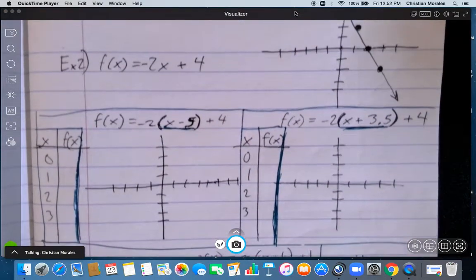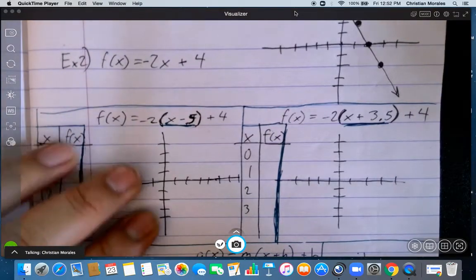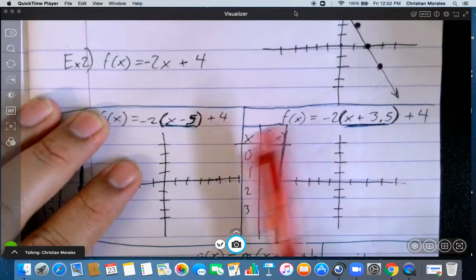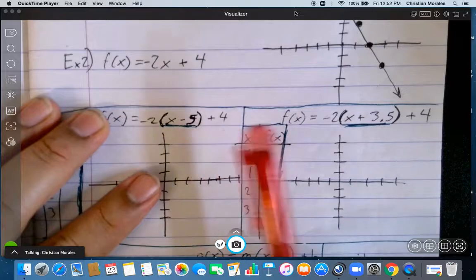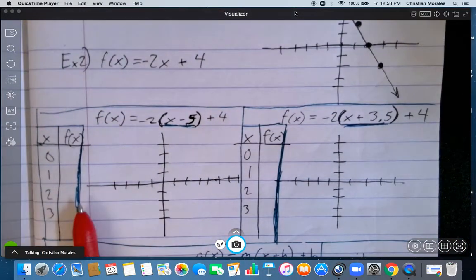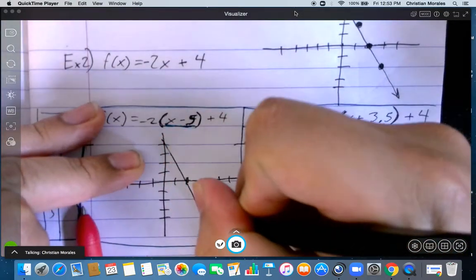So let's take a look at what happens here. For this one, the line that was originally going this way, when you see a negative 5, here's the weird thing that happens. The original line was right here. It's going like that.